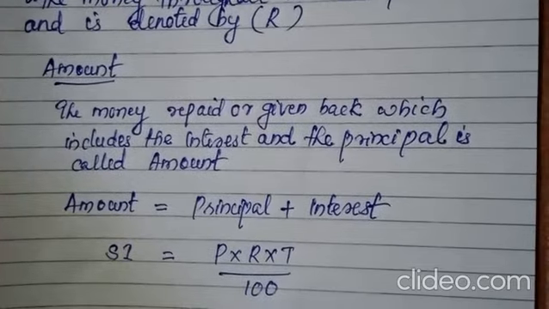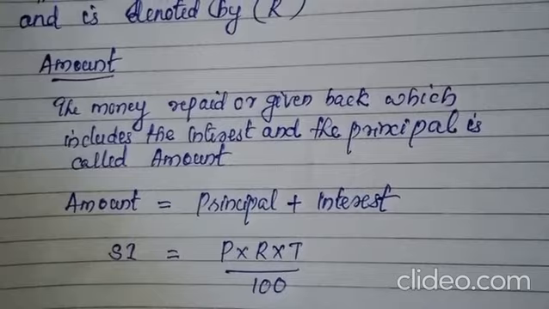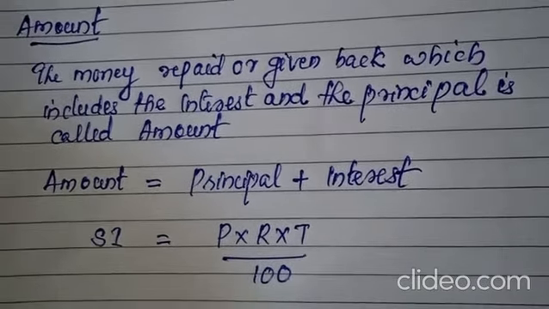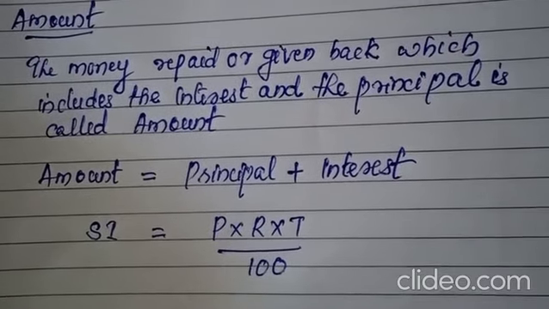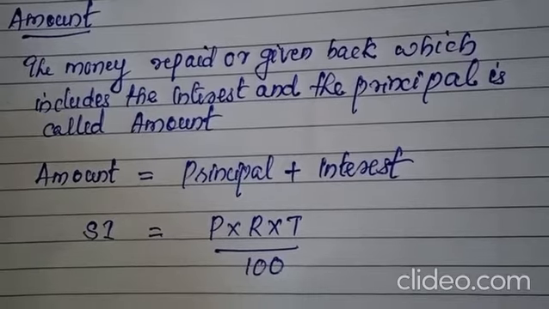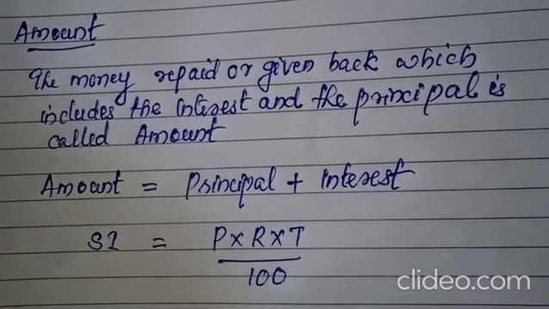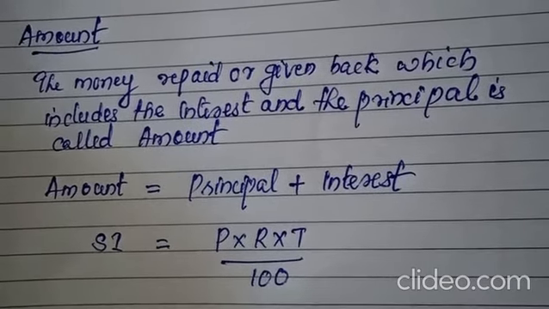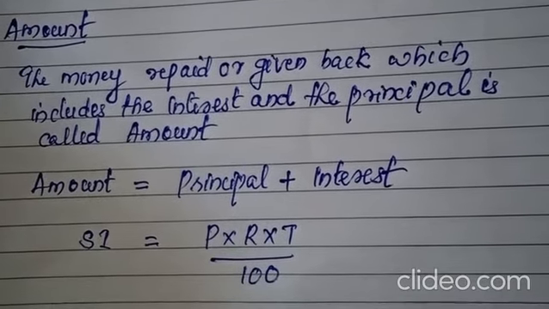This is the equation to find simple interest. P is principal, R is the interest rate and T is the term. Understood? We use this formula to find simple interest.